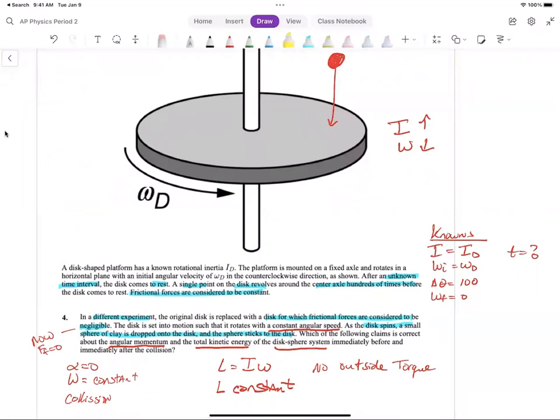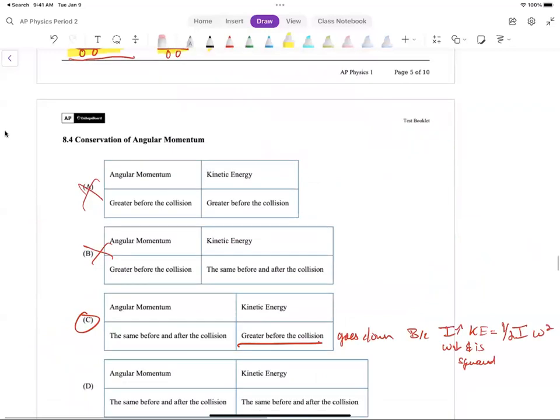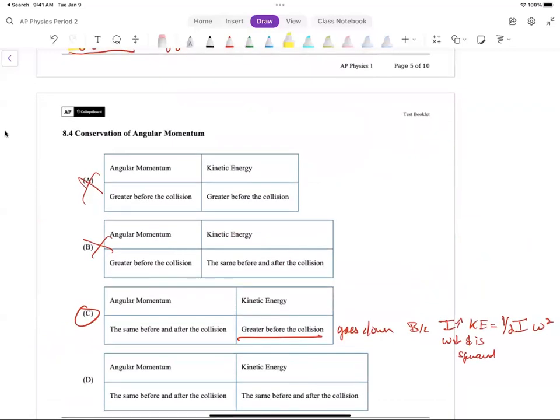The disk is set into motion and rotates with a constant angular speed. As the disk spins, a small piece of clay drops onto the disk and sticks. Which of the following claims is correct about angular momentum and total kinetic energy? Well, I've just finished saying there's no outside torque. Angular momentum has to be conserved, so immediately A and B are not options.